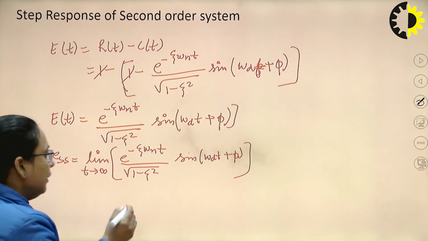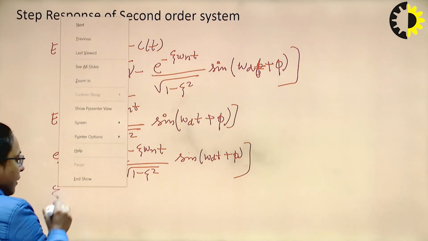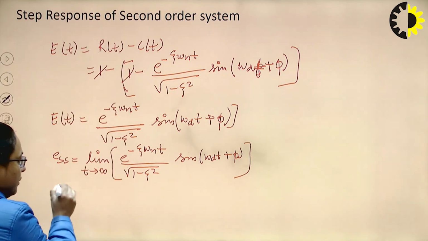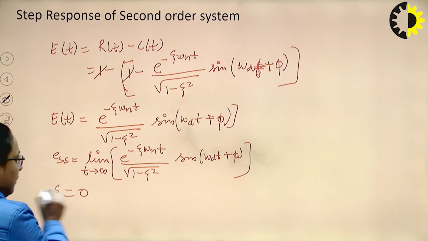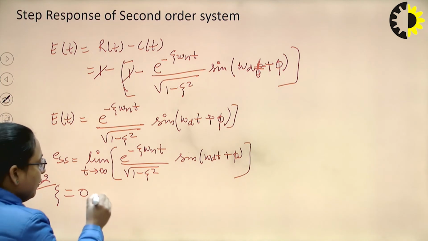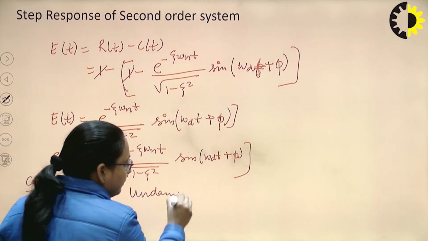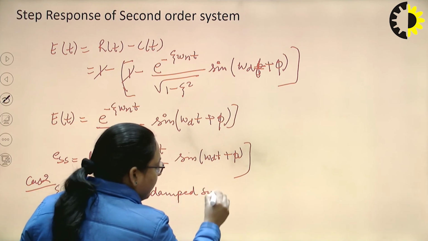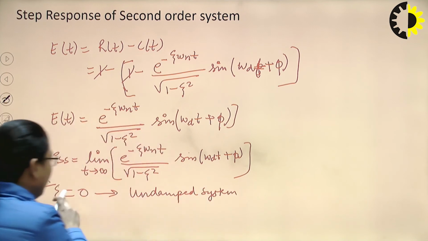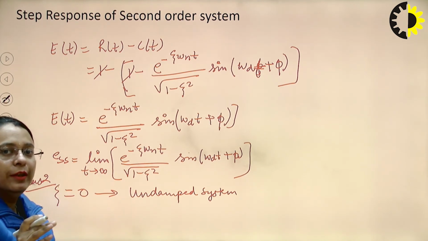Now we can go for the undamped system, where zeta is equal to 0. You can say this will be case 2, when zeta is equal to 0. This system is called the undamped system. So we can simply put the value of zeta equal to 0 in the response of the second order system.